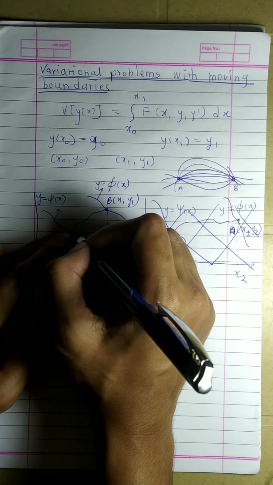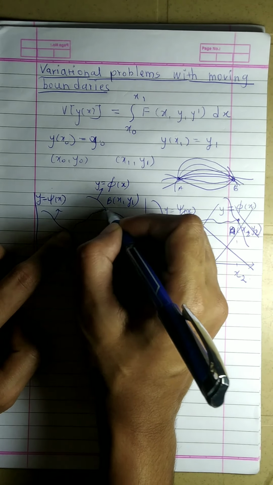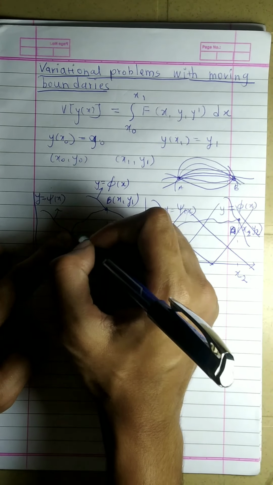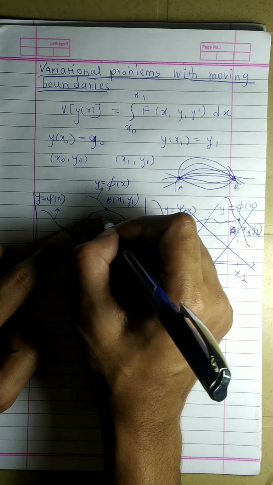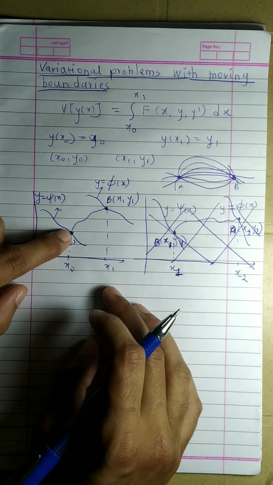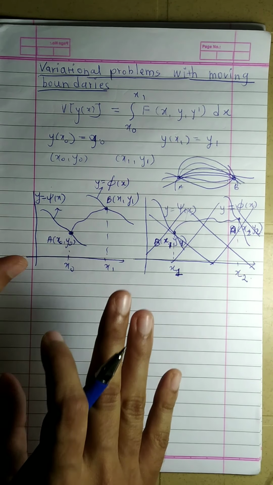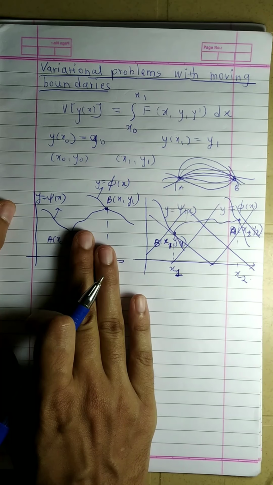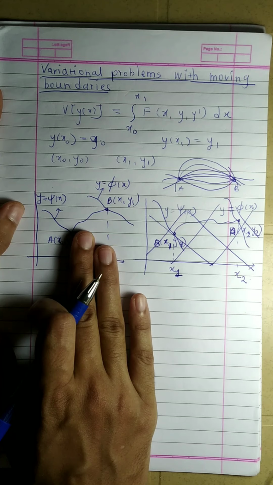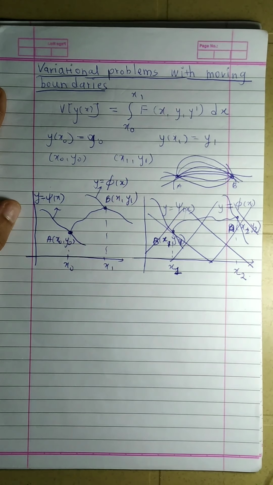So it will be this curve along with the fixed ones and also in addition to that these curves with the moving boundaries. So whatever extremal we are getting for this problem, it is very obvious that that extremal will also satisfy the Euler-Lagrange differential equation.